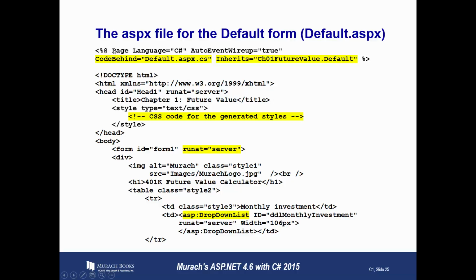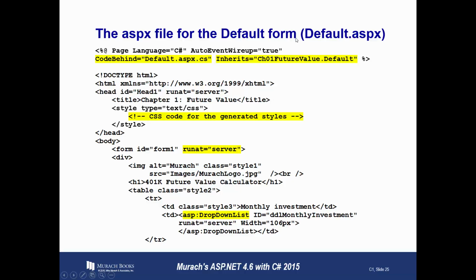This is called an ASP.NET directive. An ASP.NET directive allows you to put ASP.NET code in non-ASP.NET files. So this says that the language we're using is C#, that we're going to automatically wire it up, and we'll talk about this in a later chapter.